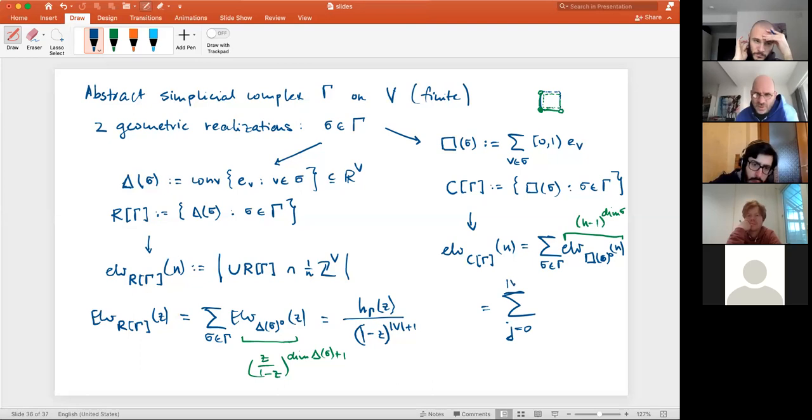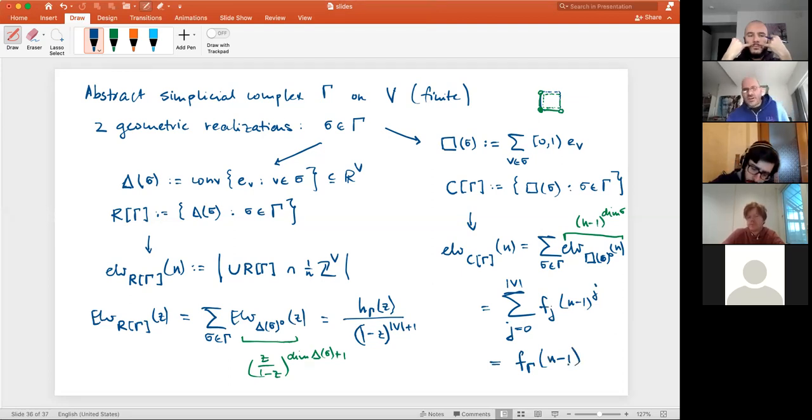So again, I'm going up to V. And so for each j-dimensional simplex, I will pick up (n-1) to the j. So this is the f polynomial of the complex evaluated at n-1.